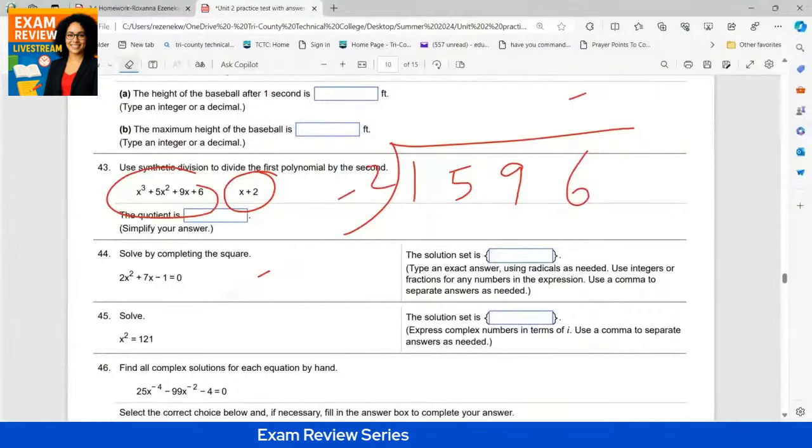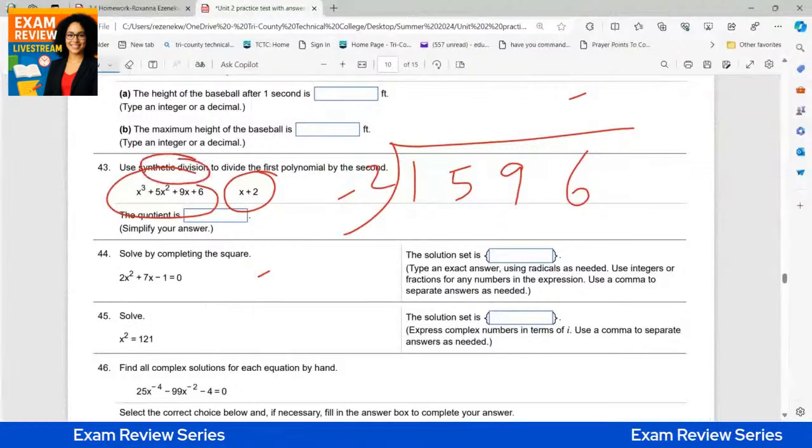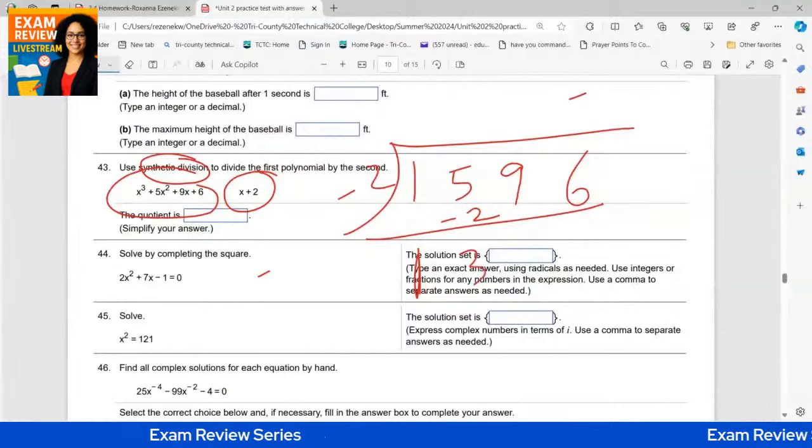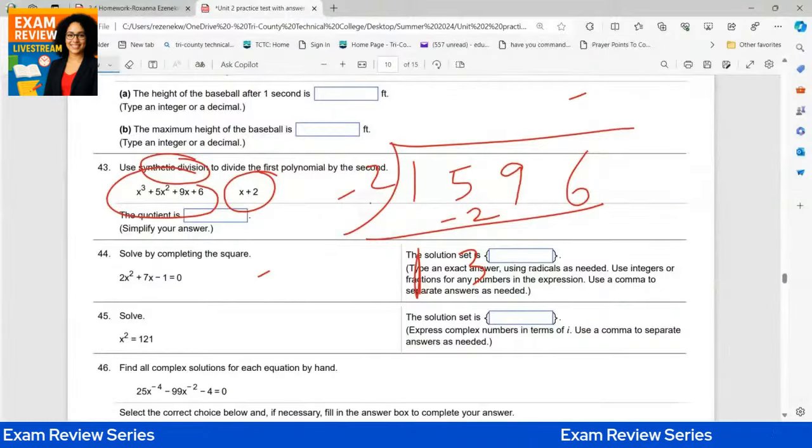Now I am going to divide. This is synthetic division. The first thing I want to do is bring down 1. Multiply -2 by 1, and I have -2; put that -2 here. Add 5 plus -2, I have 3. -2 times 3 is -6.